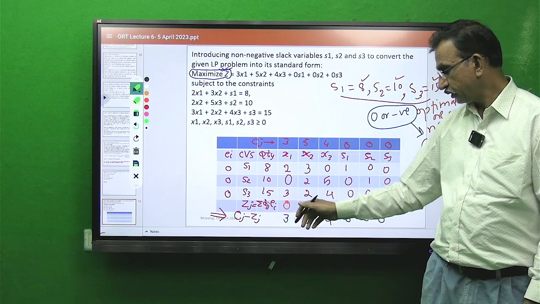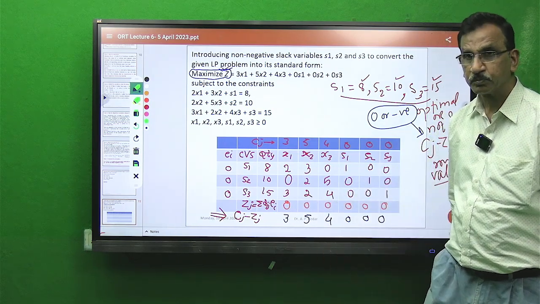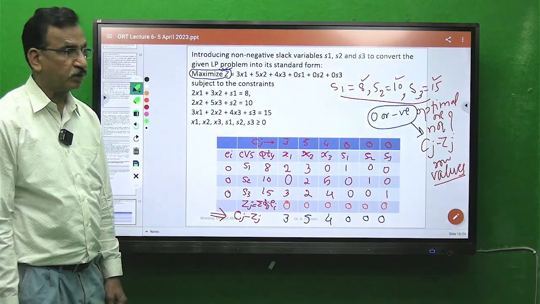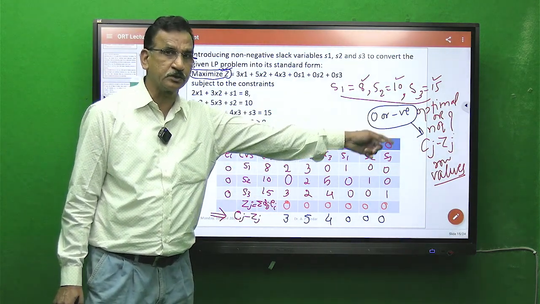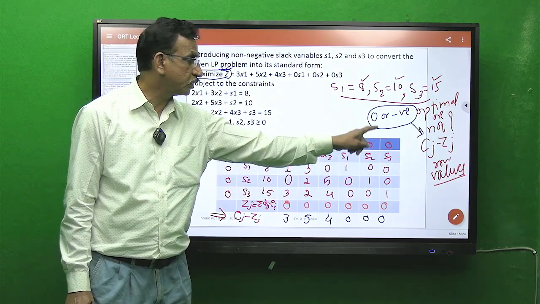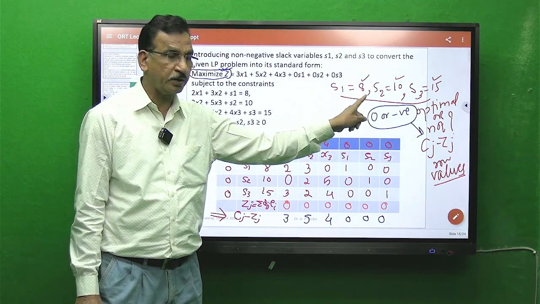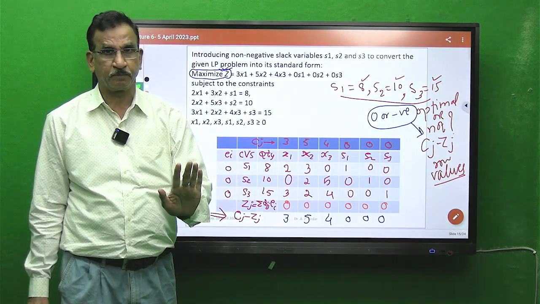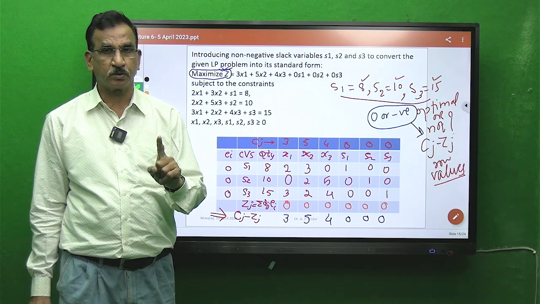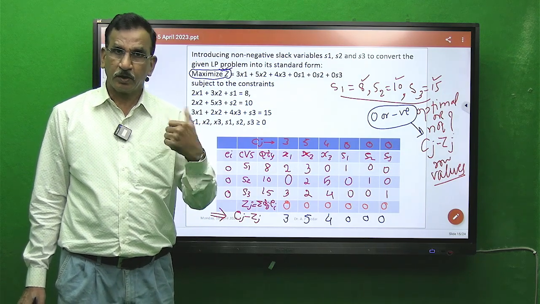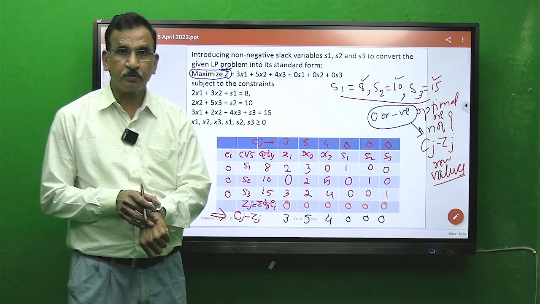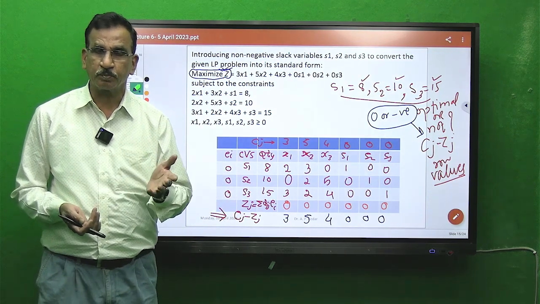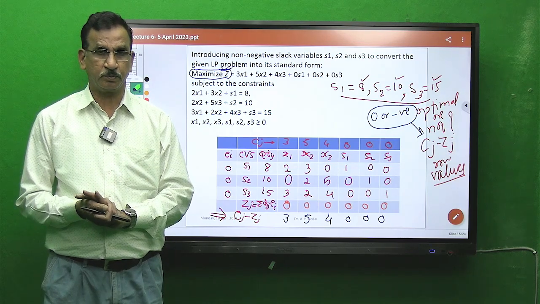Here you can find that these three values, 3, 5 and 4, are positive. They are not satisfying this condition. This means the solution S1 equal to 8, S2 equal to 10, S3 equal to 15 is not optimal. We have arrived at this conclusion. If this is not optimal, definitely further improvement is possible. It's but natural.